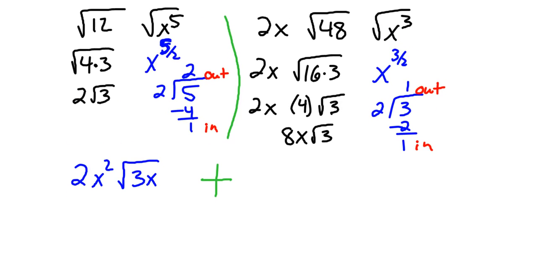Okay, so let's put all that together here. You've got the 8x. We already had 8x. We're going to put one more on the outside. So if we put one more on the outside, now we've got 2x's on the outside. We've got the square root of 3, and we're also going to have one more x on the inside.